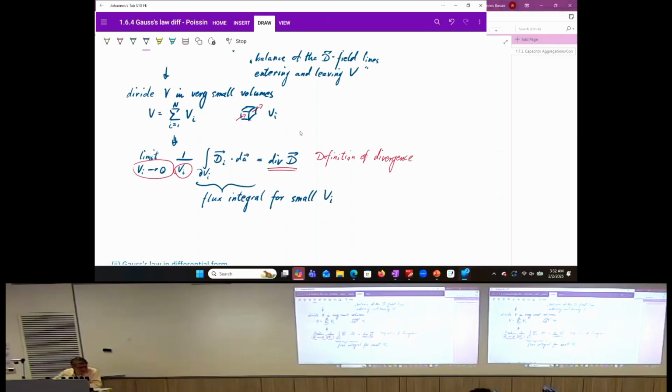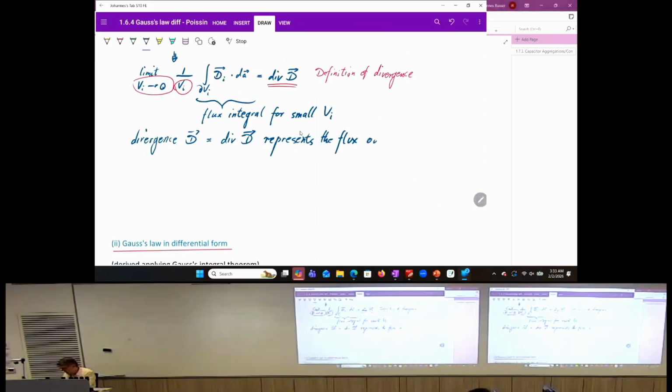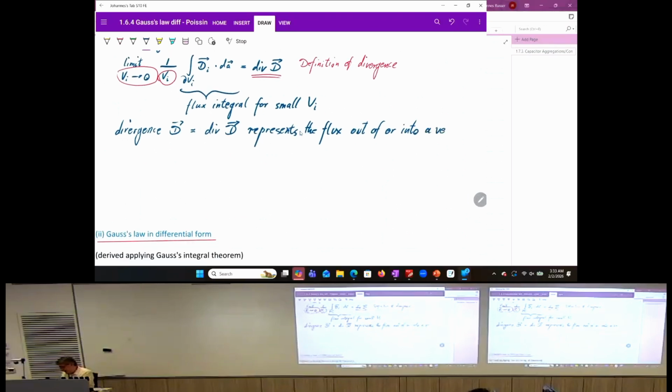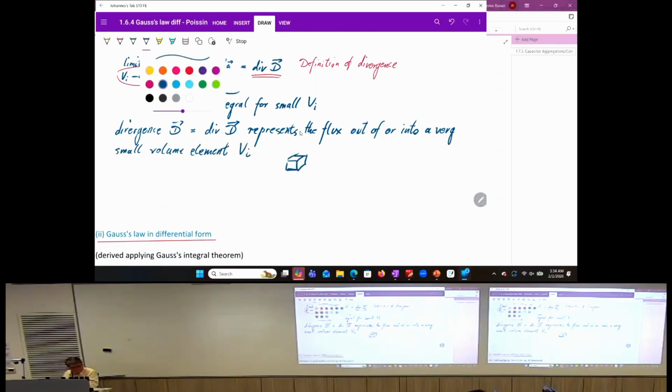The divergence of D represents the flux out of or into a very small volume element, so whatever is the net flux into a very small volume element, V sub I. If you think about what it represents, we have, say, some small charge Q in this volume element, and it will give you D and E field lines out.